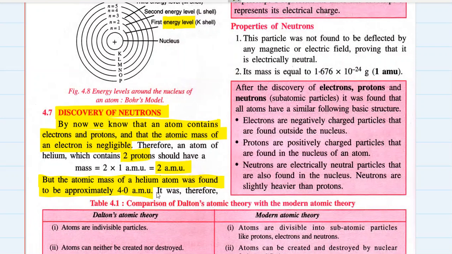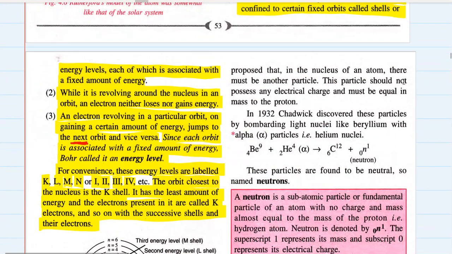The atom will still be neutral if we add some neutrons to it. But neutral particles might have some mass. So it was proposed that in the nucleus of an atom there must be another particle. This particle should not possess any electrical charge and must be equal in mass to the proton.